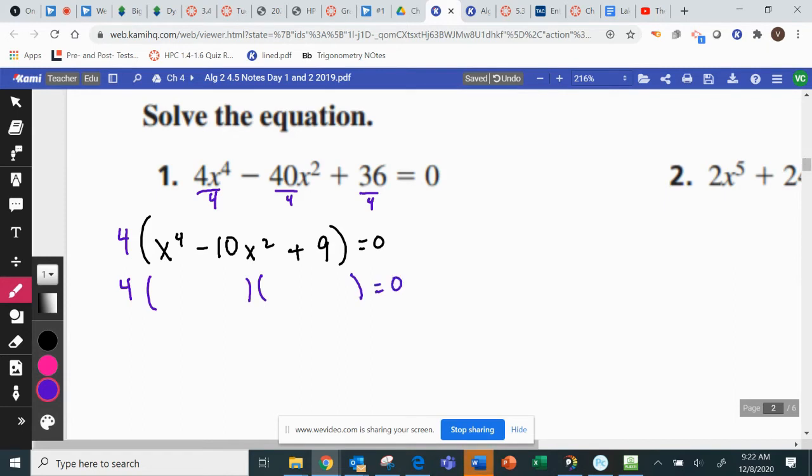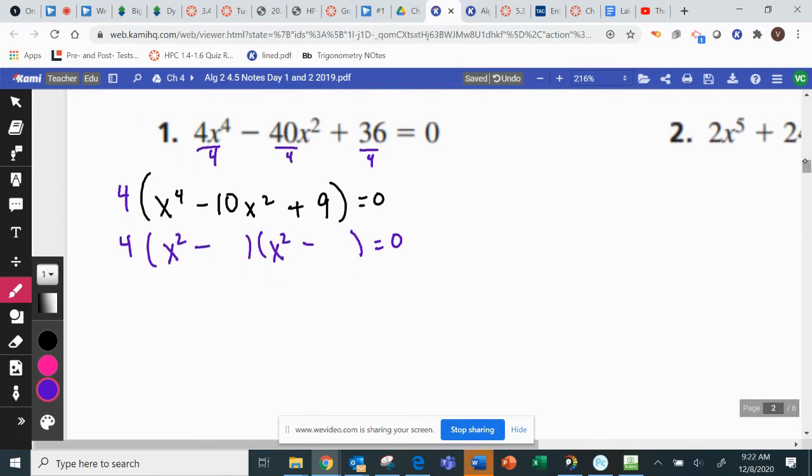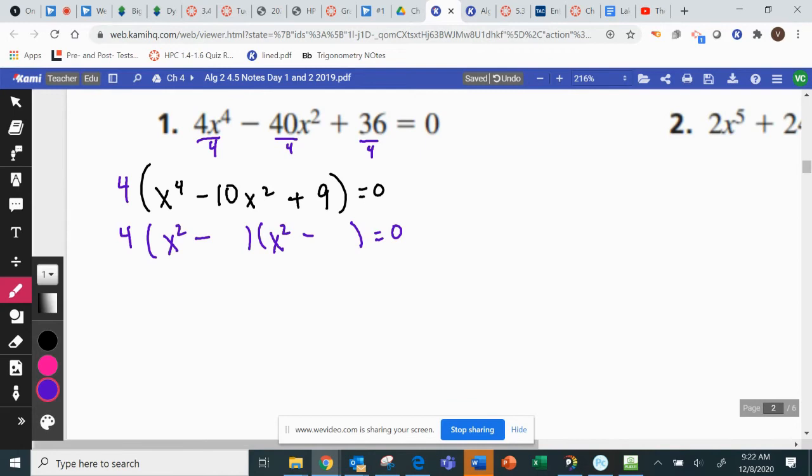Okay, then from here, we're going to factor it. It's going to be both minuses. X to the fourth is x squared and x squared. 9, what do you think? 3 and 3? Or 1 and 9? 1 and 9, right?